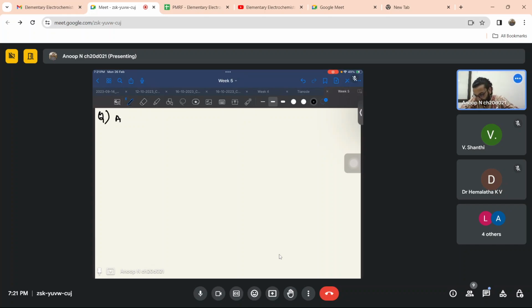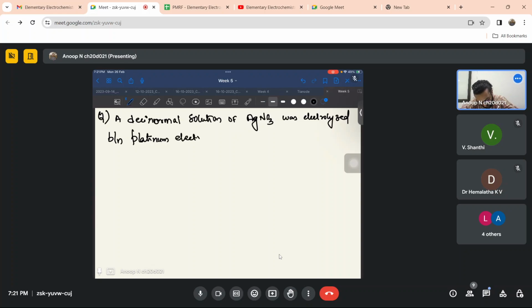So the next question: a decinormal solution of AgNO3 was electrolysed between platinum electrodes.